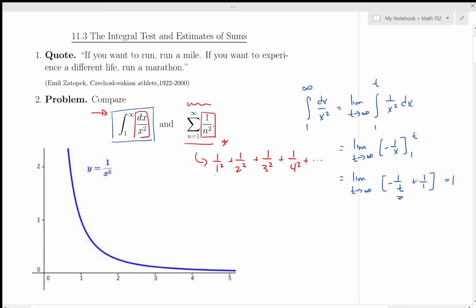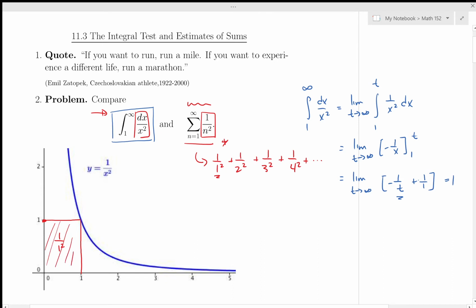So these things are all squares, and I could think of them in this way. I could draw a square right here like that, and what would be the area of that square? It would be 1 over 1 squared. The height is 1 over 1 squared, and the width is 1. So I multiply 1 times 1 over 1 squared, and I get this area right here.